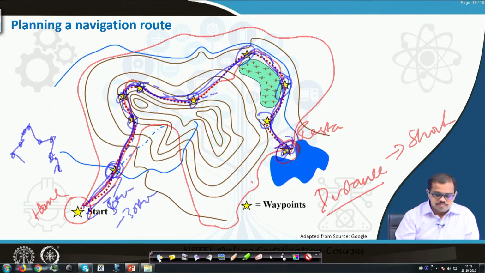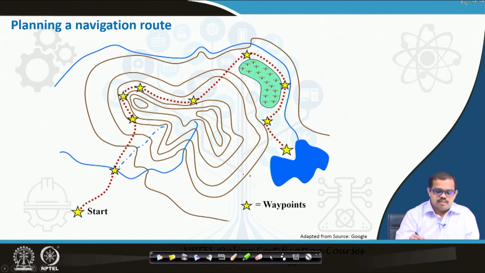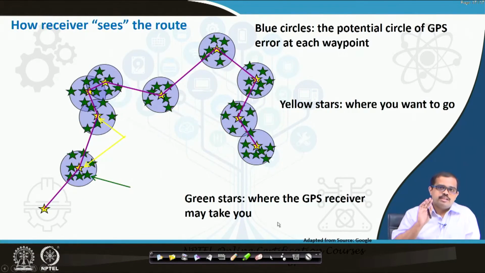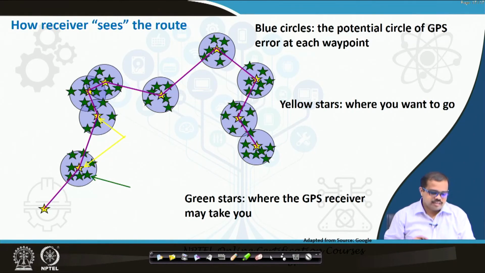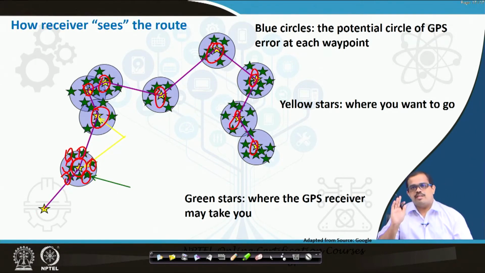Fine. So if you have understood this, the next thing, which is very interesting, is how the GPS receiver sees the route. It is not as simple as the previous one. As I said, these are the main waypoints, but due to the positioning service that you have, the GPS receiver can look at all of these green stars as positions that it may take you to.